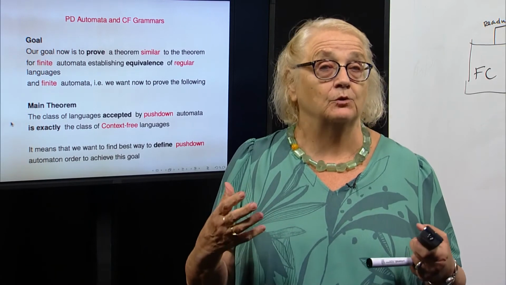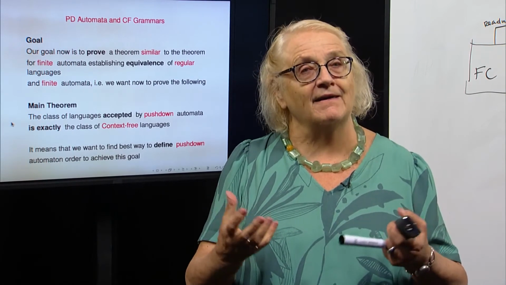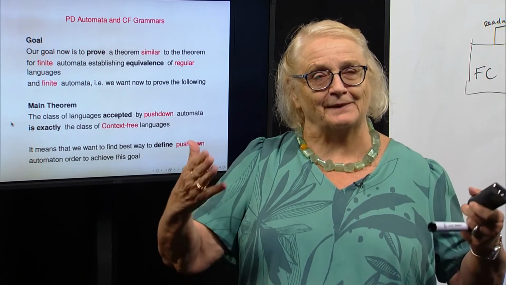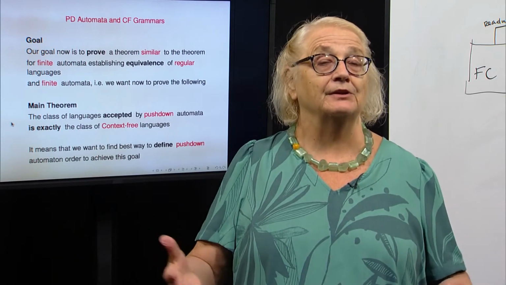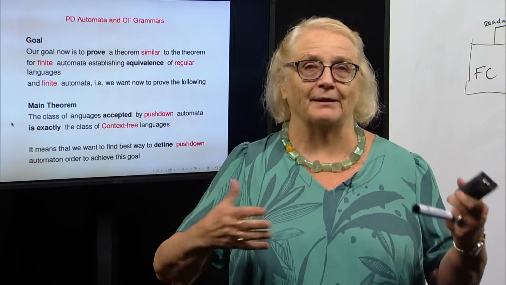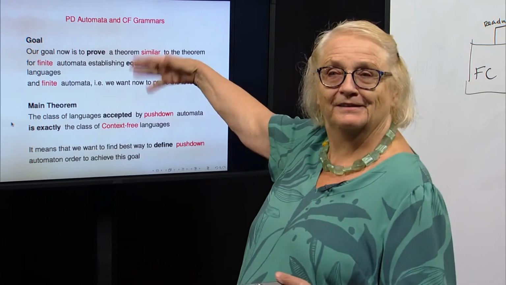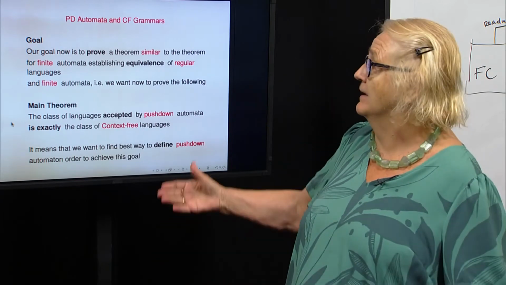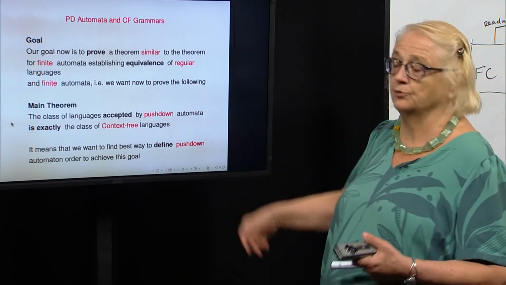So we have now to define what this pushdown automaton is in a nice mathematical model, and all the operations which we're talking about in the proper language, and then to achieve this goal, to prove the main theorem.